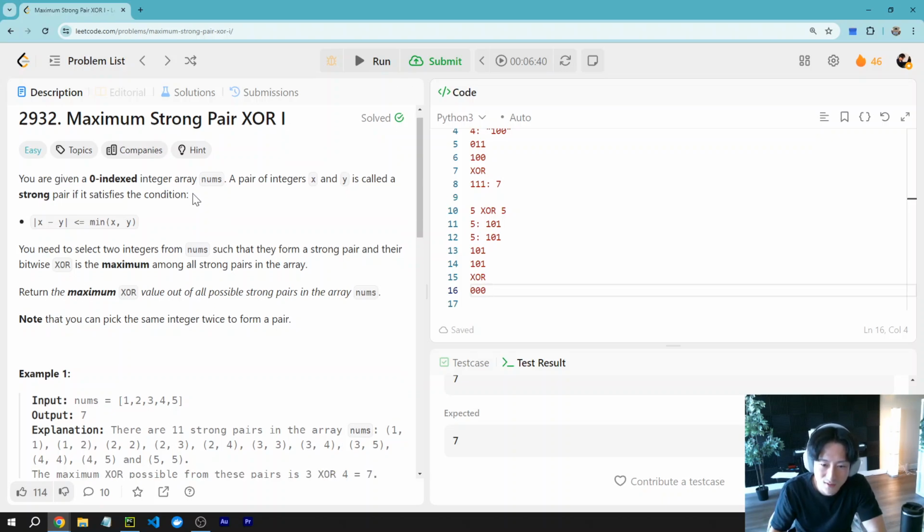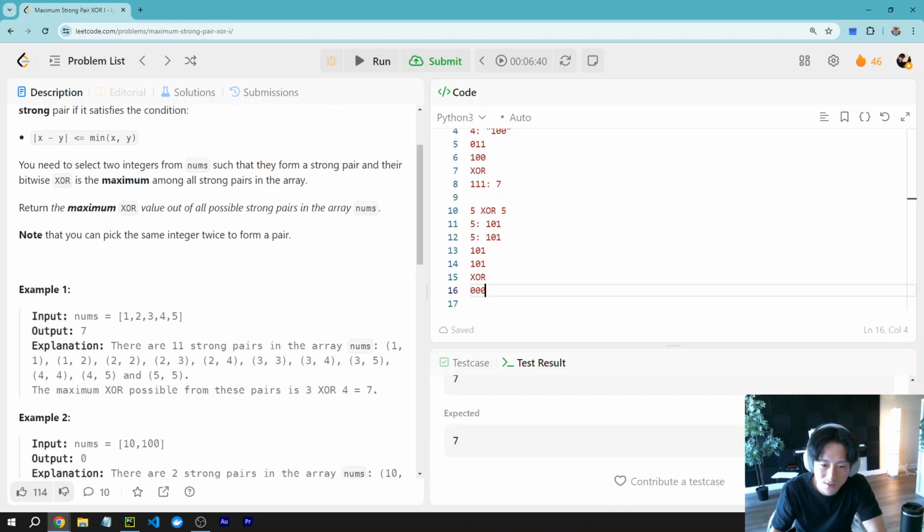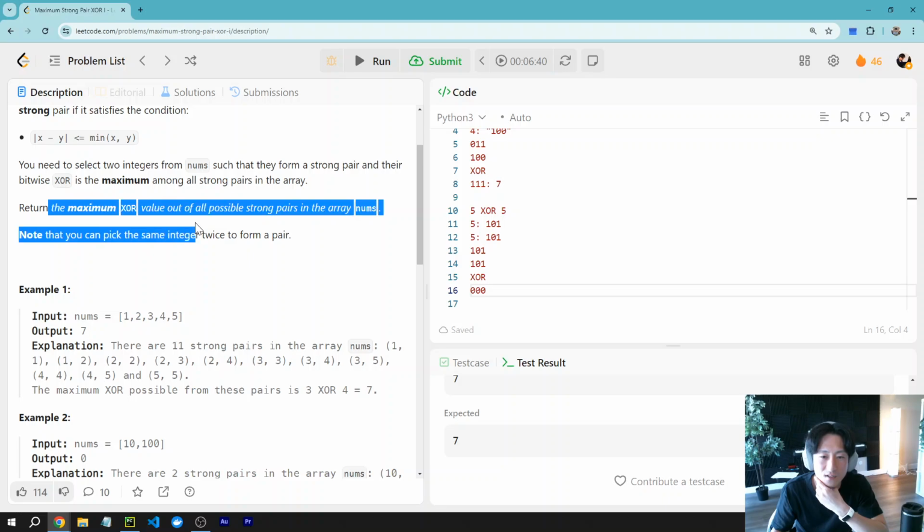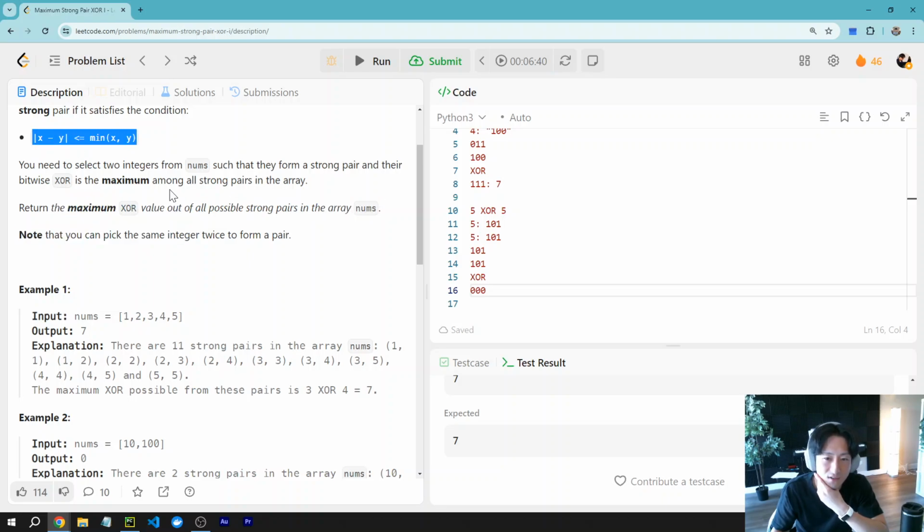So if I see 1 1, 1 2 but not 3 4 5, 2 2, 2 3, 2 4 but not 5, 3 3, 4 3 5. I feel like I can do nothing about XOR, but maybe I can do something for this strong pair.